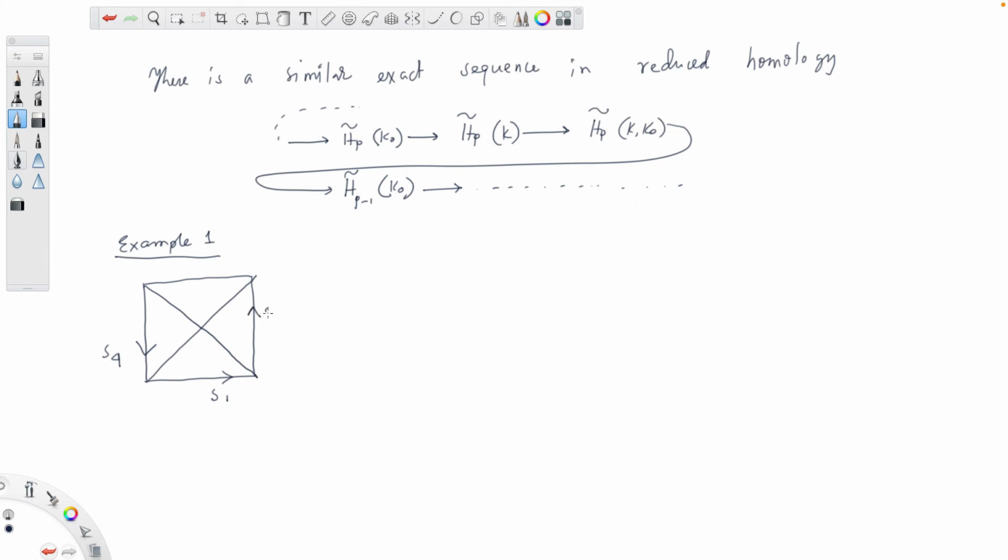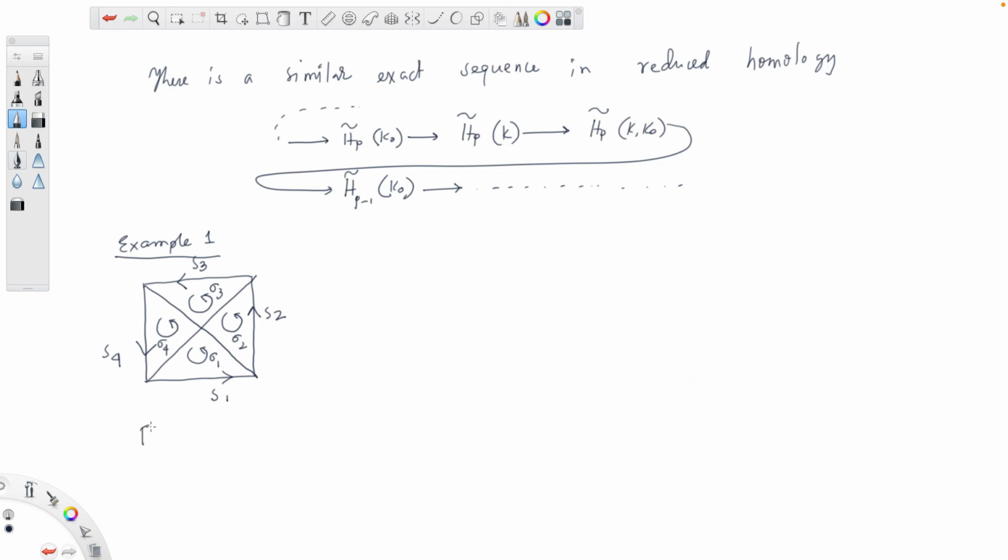This is S2. This is S3. And all the two-dimensional simplices are oriented counterclockwise. This is sigma 4, this is sigma 1, this is sigma 2, and this is sigma 3. Okay. So the two simplices sigma i's are all oriented counterclockwise.